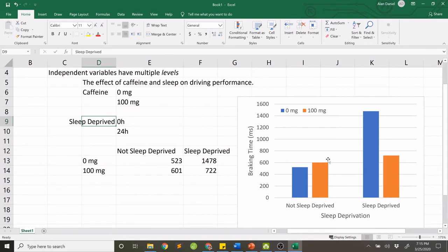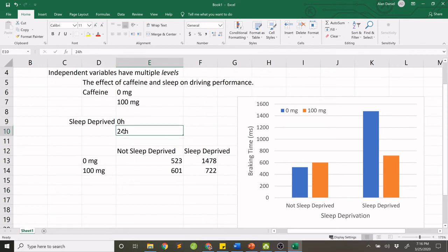So that's kind of here to here. There might be a difference there, but I suspect there might not be. So you may or may not have a main effect of sleep deprivation on this one, but probably not. If we're going to be conservative, we'll say there probably isn't. Okay, but that doesn't mean that caffeine has no effect and sleep deprivation has no effect.